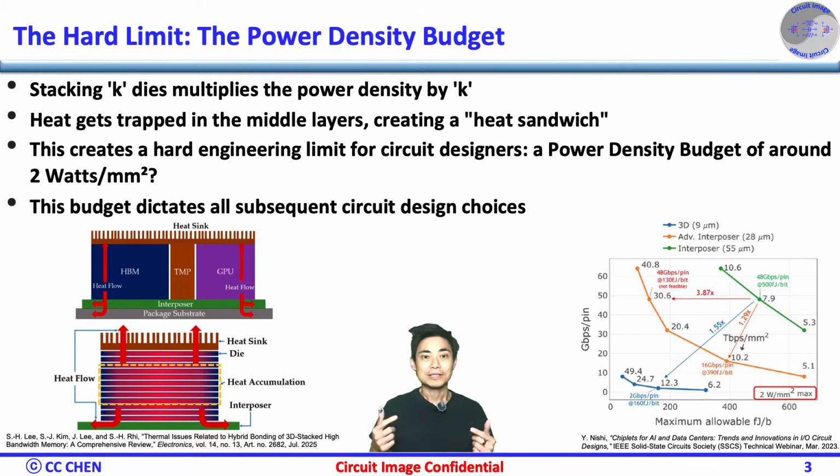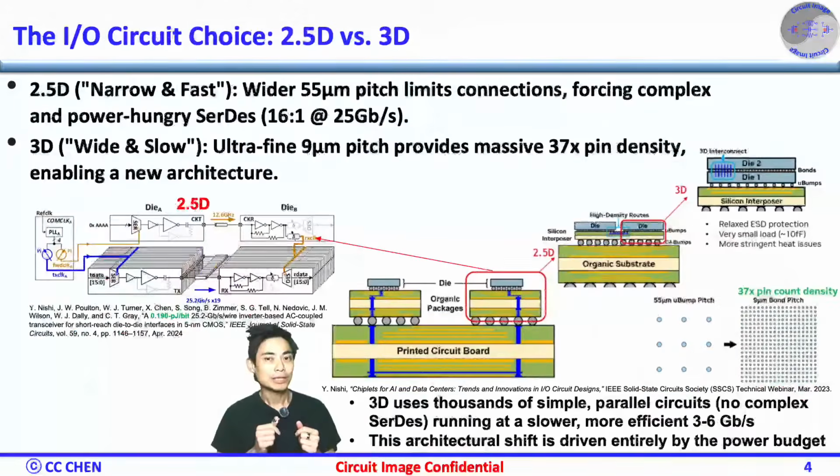This budget governs every subsequent choice, preventing us from simply running all circuits at maximum speed and explaining why bandwidth is not infinite.